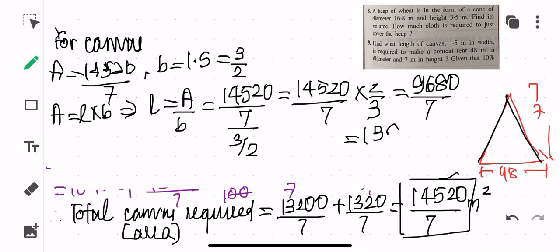We'll just check with the calculations, children, because 138 is not matching the answer in your book. In your book, the length is given as 1396. There can be two reasons, children. If you are taking 3.14 and solving, then you are expected to get a different answer. So there is nothing much to worry about.